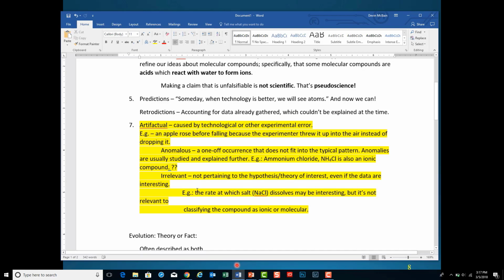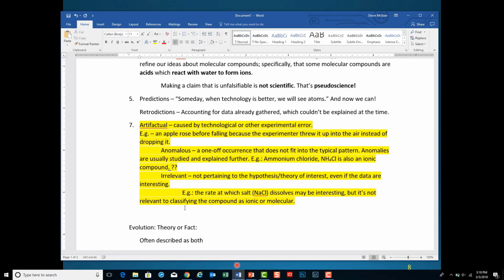So, for example, if we return to our studies on ionic compounds and molecular compounds and their conductivity in solutions, we could study the rate at which sodium chloride dissolves, and that may be interesting, but it's not relevant to our goal of classifying the compound NaCl as ionic or molecular. So it would be interesting to look at, but it's not relevant to the study at hand.